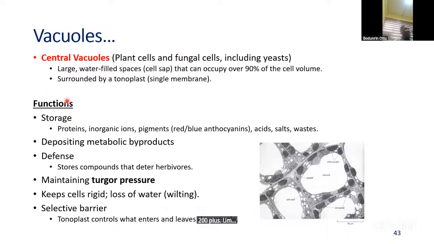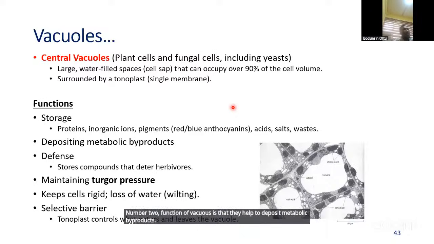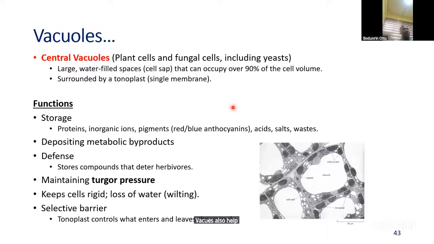And so there are different functions of vacuoles. They help to store proteins, ions, pigments, acid, salt, waste. So basically, they have a storage function. Number two function of vacuoles is that they help to deposit metabolic byproducts. Vacuoles also help with defense.